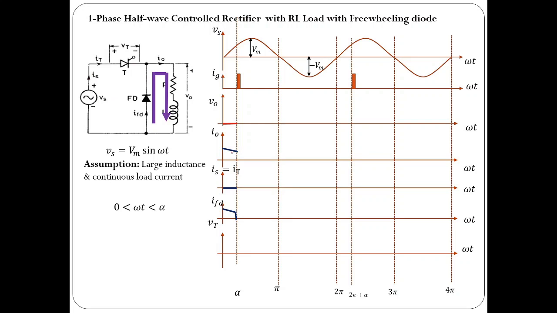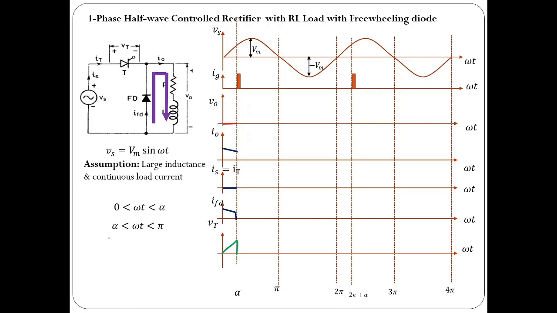The voltage across the thyristor is the same as the source voltage, because applying KVL, Vs would be the same as Vt. So the voltage across the thyristor is positive and the thyristor is forward biased. Still it is in the off state because there is no gate control signal given.